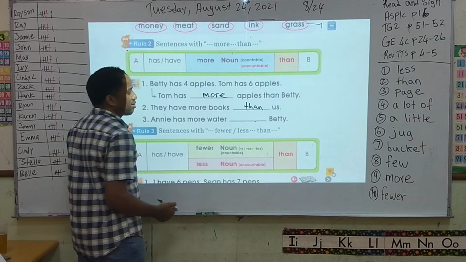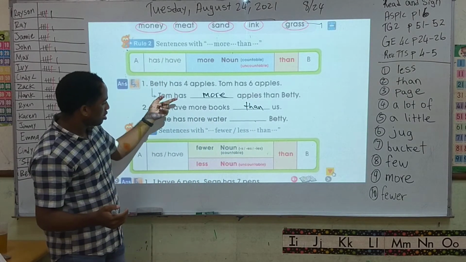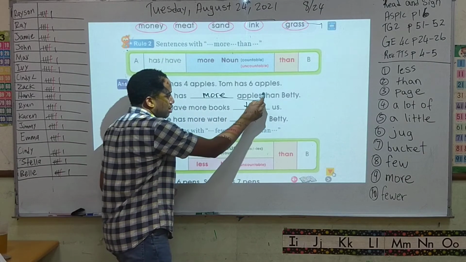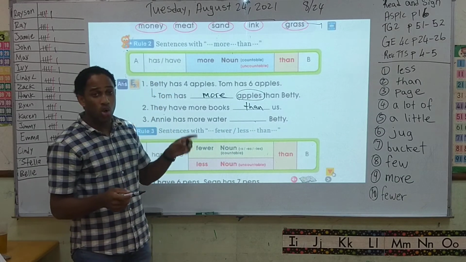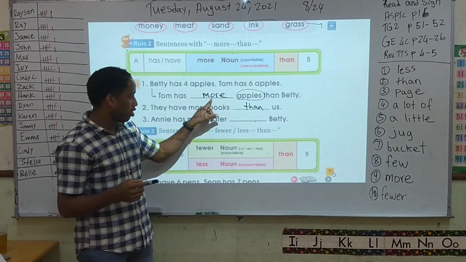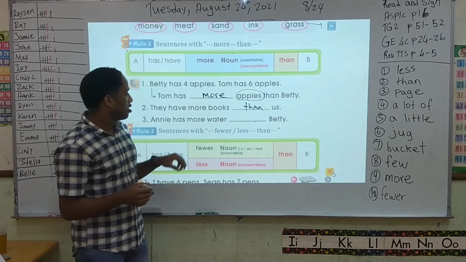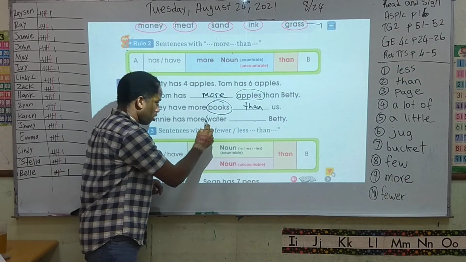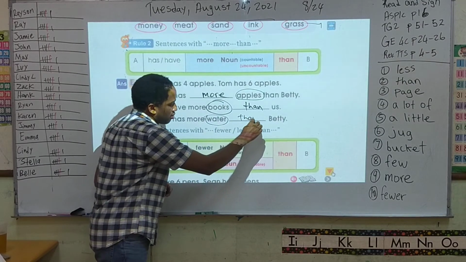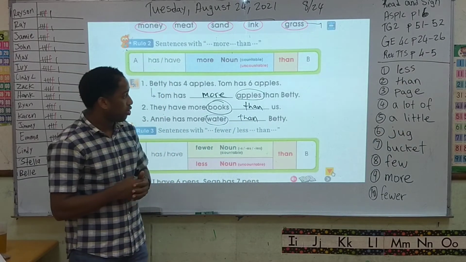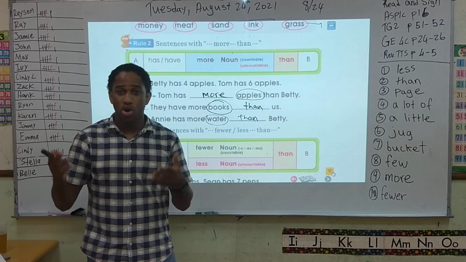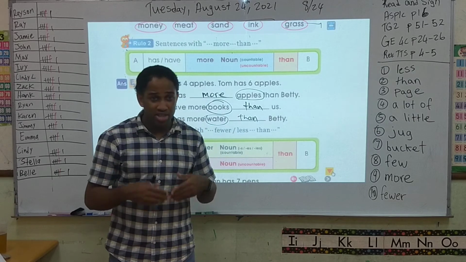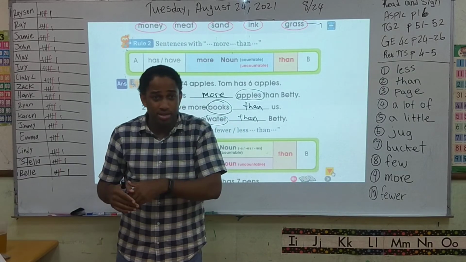More something than. The countable or uncountable word has to be between the more and the than. More books than. More water than. More milk than. More coffee than. More sand than. More pages than. More lemons than.